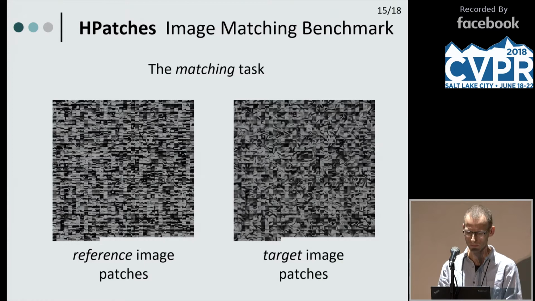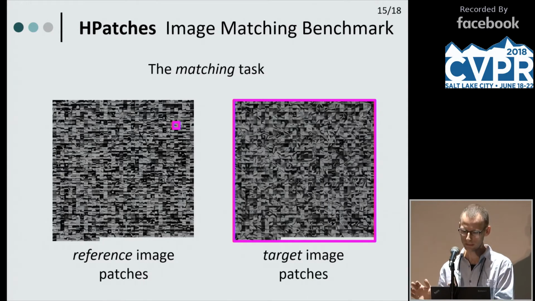We instead do something much more naive and not as efficient, but I think still that it makes a point. So for each reference patch, we create a template matching instance by taking the complete collection of target image patches and putting them together as one huge collage image.